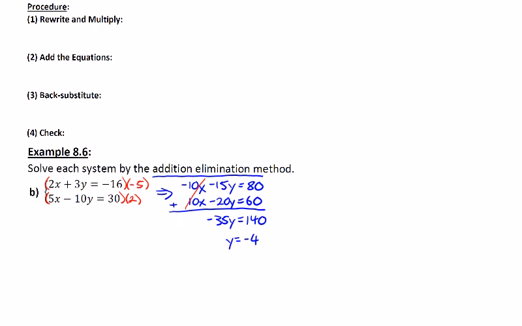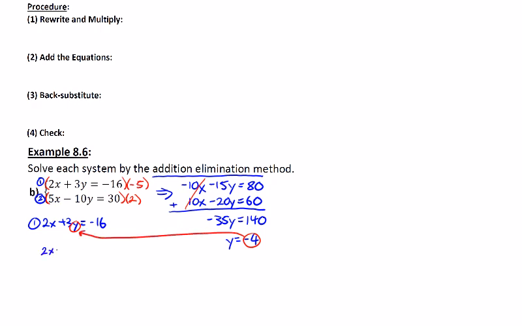Let me go back over here to the original equation 1 and equation 2. I'm going to pick equation 1, 2x plus 3y equals negative 16. We saw that it does not matter which one we back substitute in, so we'll just pick the one that looks the easiest, and we'll substitute in negative 4 where we have y.